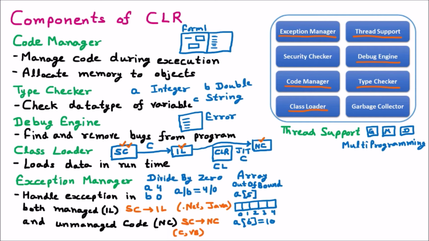But what is multi-threading? Let's take the example of Google Chrome. We assume in Google Chrome we are having different tabs. Let's say this is tab 1. In tab 1, let's say I am opening my Gmail. In tab 2, I am opening Facebook. Let's say in tab 3, I am doing some search operation.